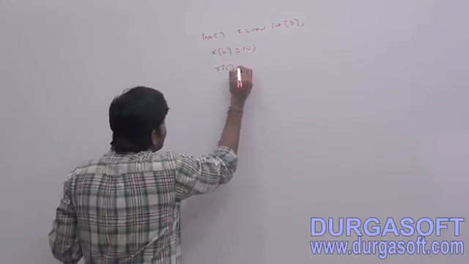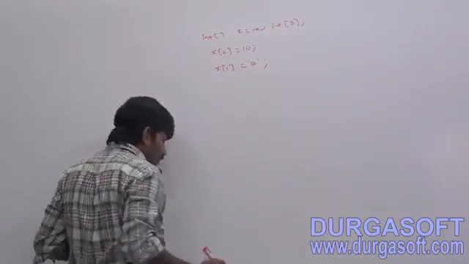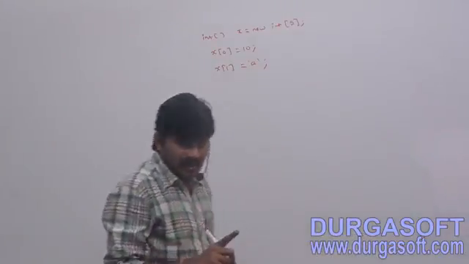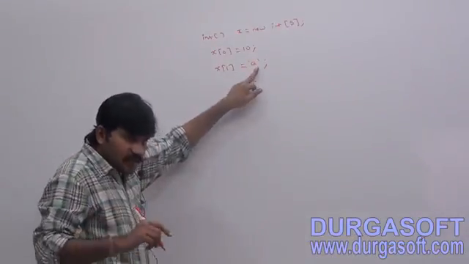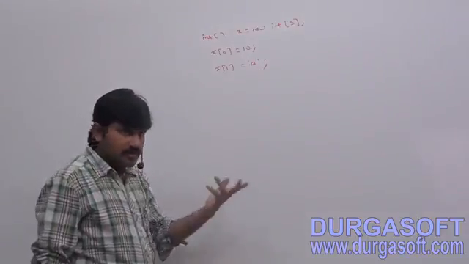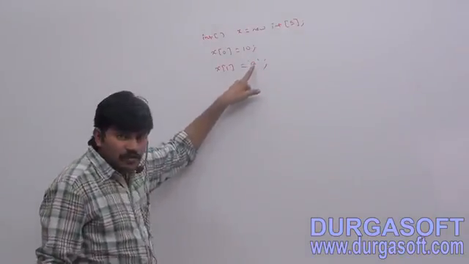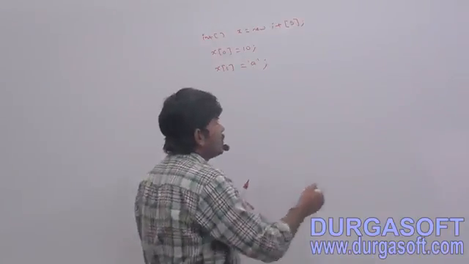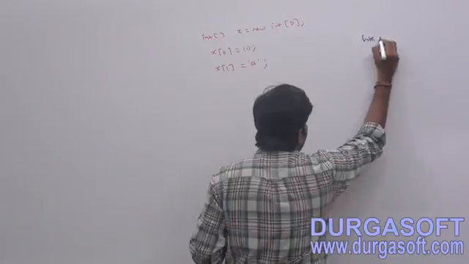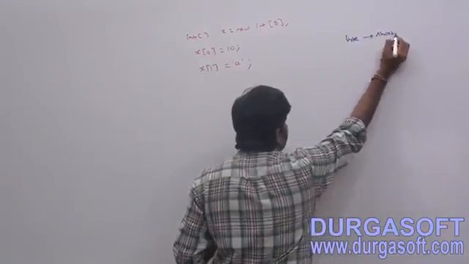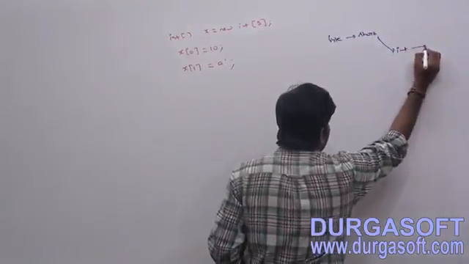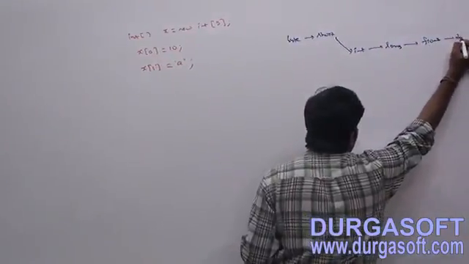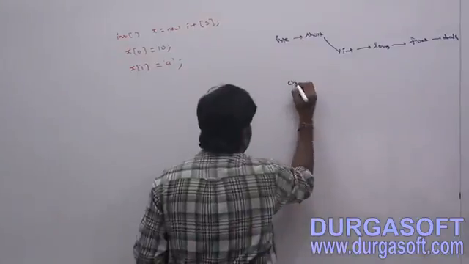Sir, x of 1 is equal to a. Valid or not? A means what? Char. In the place of int, char, possible or not? Yes, no problem. Then which value will be saved? 97. Okay, I hope you people may remember this diagram. What is this one? Byte to short to int to long to float to double, and then what?